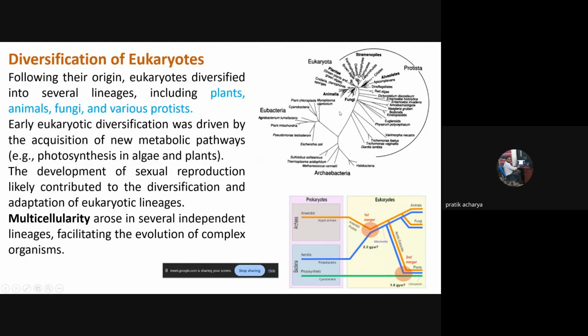This eukarya again developed more stability due to more adaptability to the changing environmental situation, because most eukaryotic cells focus on sexual reproduction. And we all know that sexual reproduction is the important concept of variation.